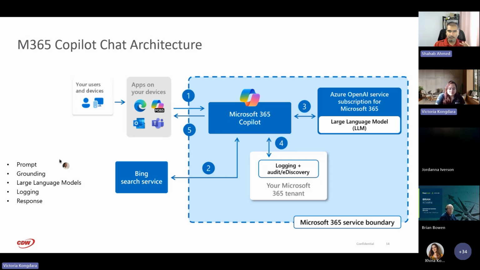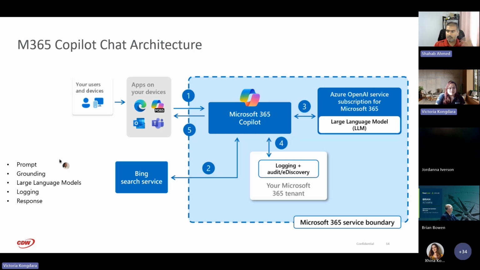And there aren't any tenant or user identifiers being sent out as part of that web search query. And then there are additional protections that Microsoft puts in place when they're sent out to Bing, right?